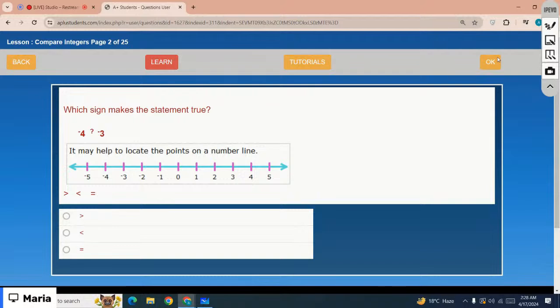Okay, the next one is negative 4 and negative 3. So which is the correct option? Negative 4 is less than negative 3 or greater than negative 3?